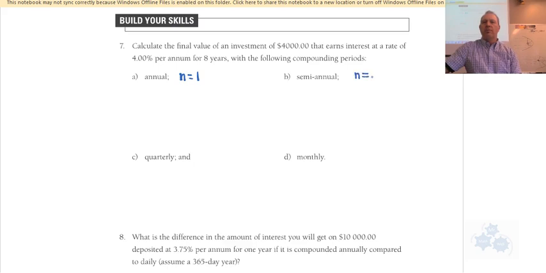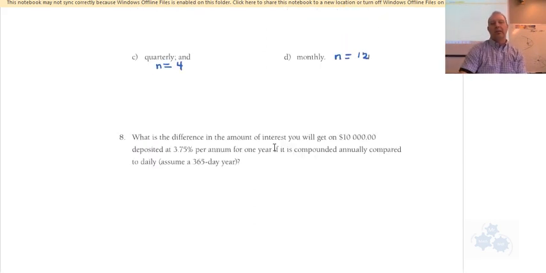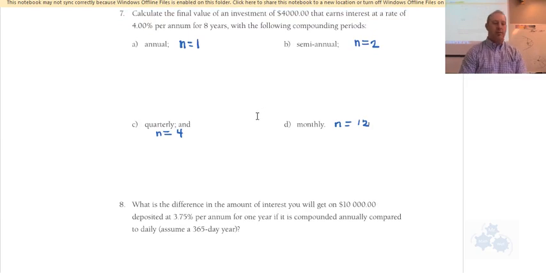N equals 2. Quarterly, N equals what? 4. Monthly, N equals, there's 12 months per year. Okay, you guys got it? Okay. All right, so go ahead and do number 7 and number 8. I'll give you a big chunk of time here to do that, okay?